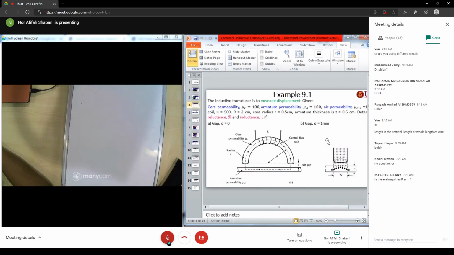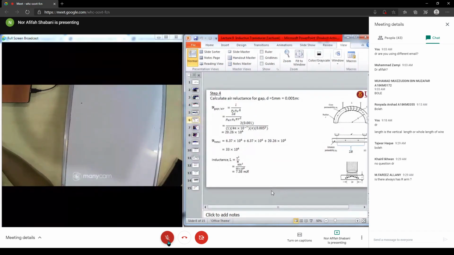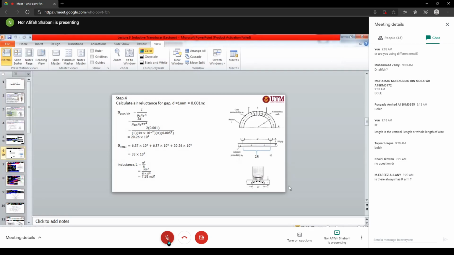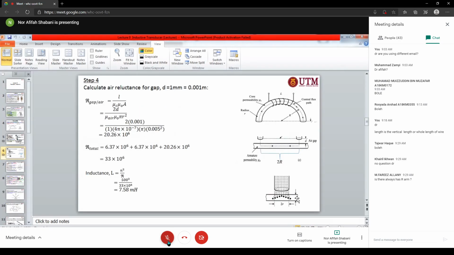And next you are going to find the reluctance for D equal to 1 millimeter. I think this step is quite clear, so you only find the air gap. So L equal to 2D here. D is here, 2D, we are going to find the air gap. So D equal to 1 mm.